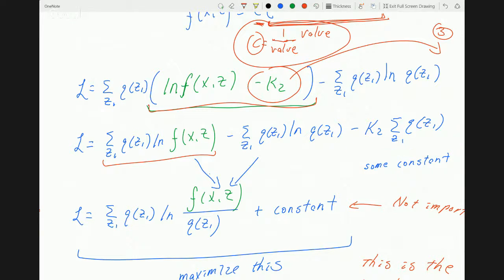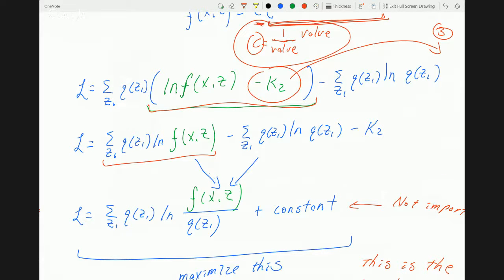Now, the next thing to realize is that if we sum up QZ, every possible combination of QZ, it becomes 1. This whole thing becomes 1. And therefore, this is just some constant, K2.